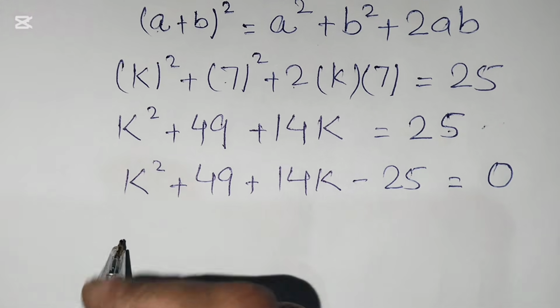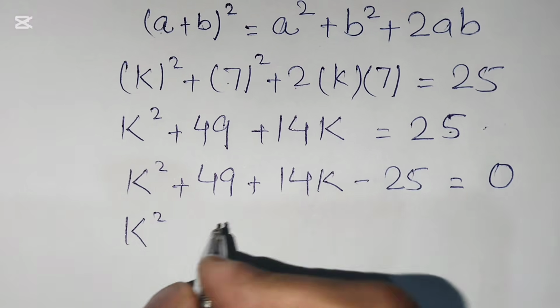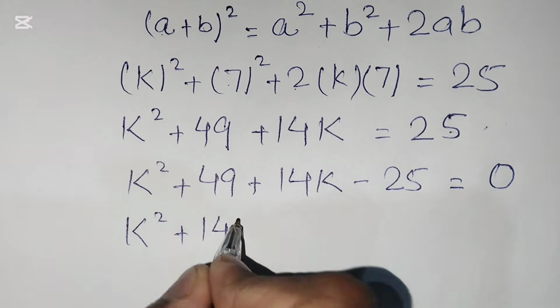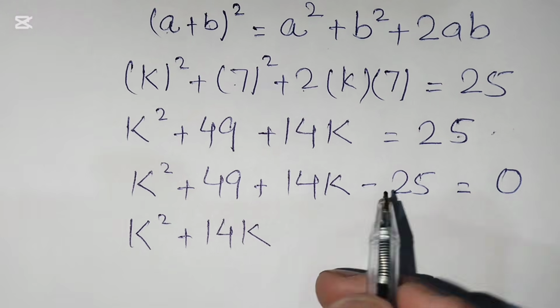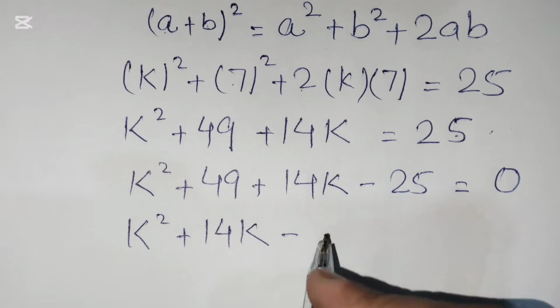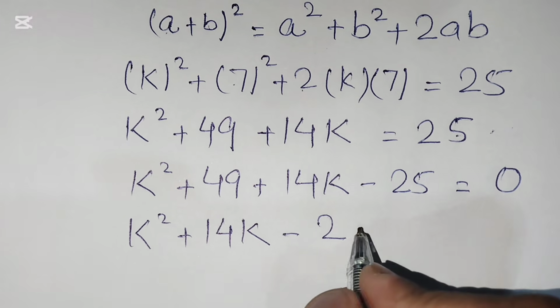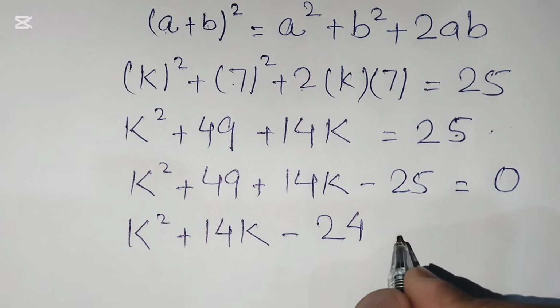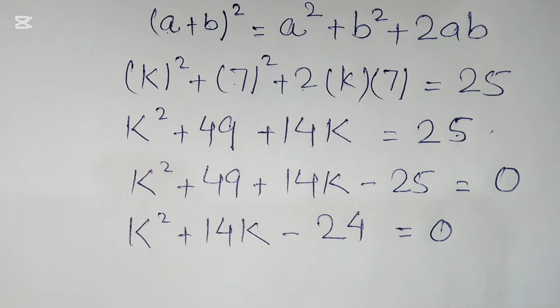So it will be k square plus 14k, 49 minus 25 is 24, equal to 0.